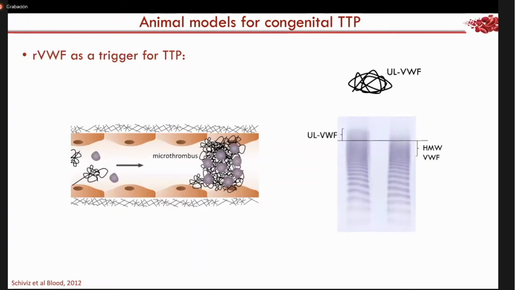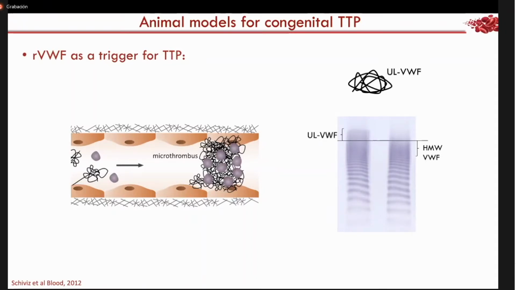Now, Shiga toxin is one trigger. The team of Hans-Peter Rottensteiner and Friedrich Scheiflinger from Baxalta, the company Baxalta at that time, which is now taken over by Takeda, developed recombinant VWF for the treatment of patients with the bleeding disorder von Willebrand's disease.